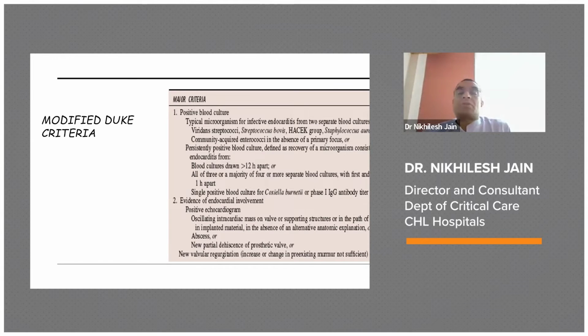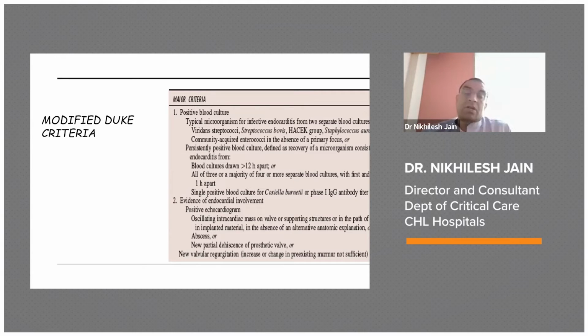Or persistently positive blood culture, defined as recovery of a microorganism consistent with infective endocarditis from blood cultures drawn more than 12 hours apart, or all of 3 or a majority of 4 or more separate blood cultures with first and last drawn at least 1 hour apart. Or a single positive blood culture for Coxiella burnetii or phase 1 IgG antibody titer of 1:800.